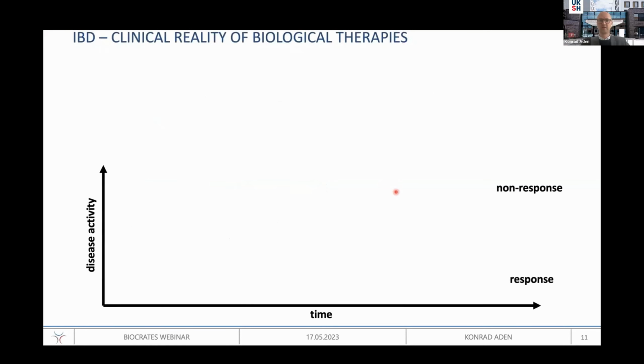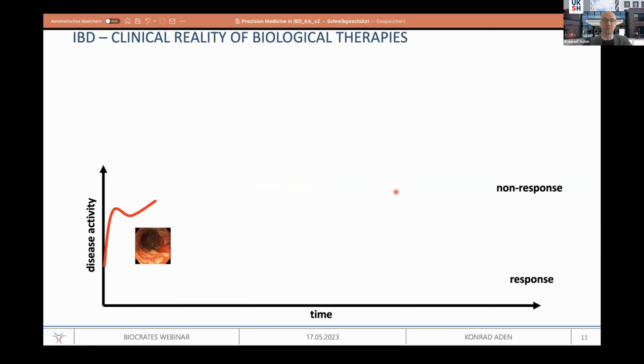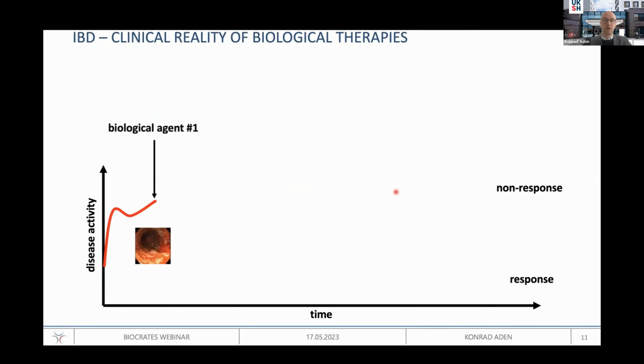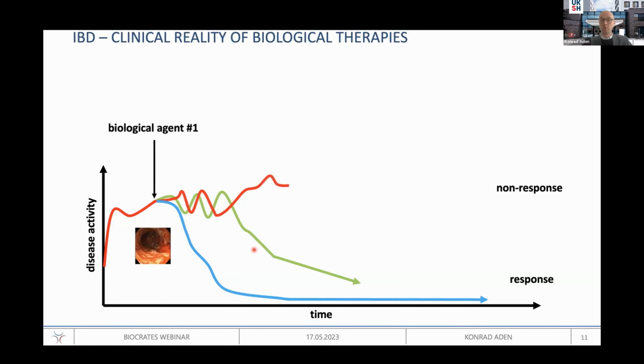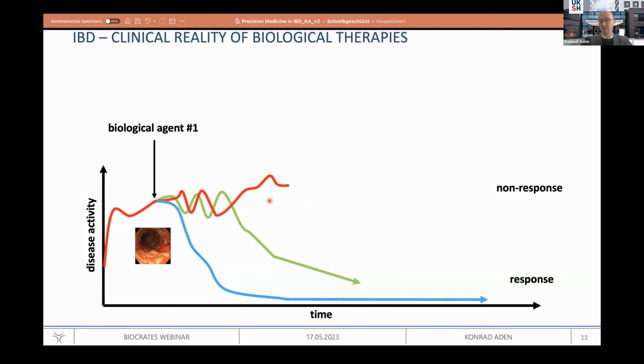But what does the clinical reality in IBD currently look like? If we have a patient with a high disease activity and we make the diagnosis and also the indication for novel drug therapy, we choose a biologic agent, and then we have different trajectories. Either we have a super responder, shown in blue, which directly goes into response, or we have a late responder, or we have the complete non-responder, a little bit like what Dr. Lediger also introduced.